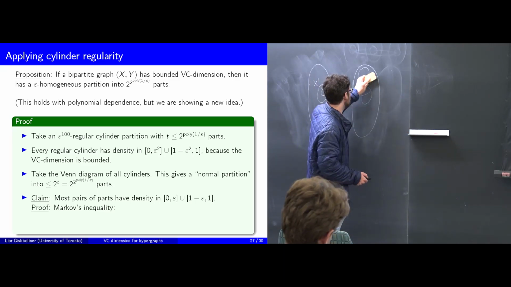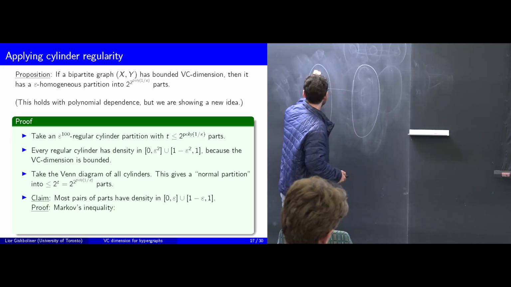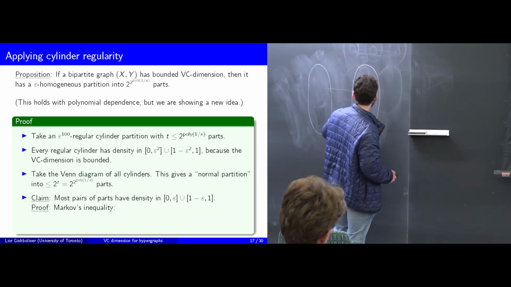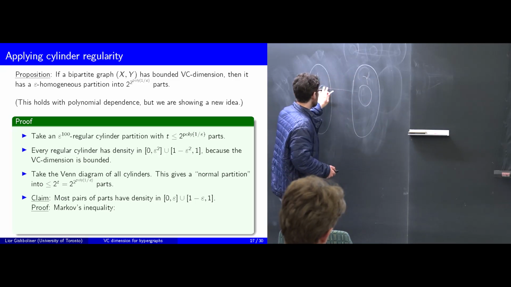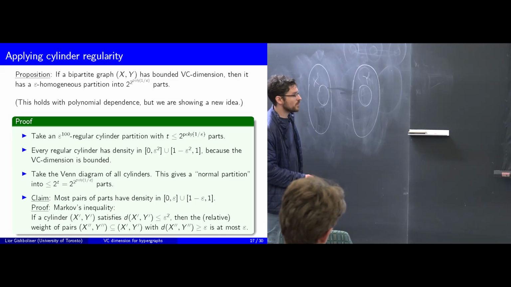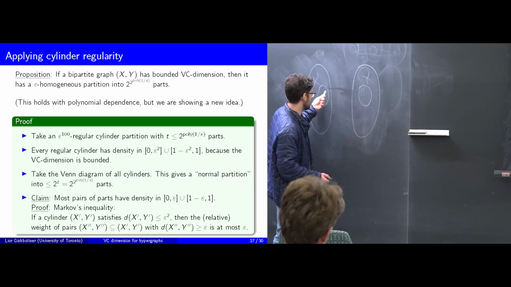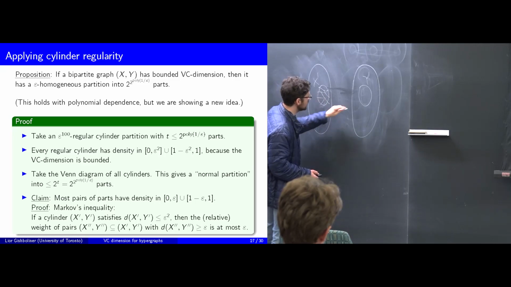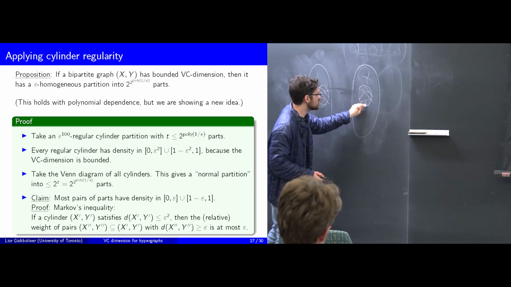So if I have y prime and x prime, and let's say that the density between x prime and y prime is at most epsilon squared, so it's very sparse, then what happens when I take the Venn diagram is that I actually partition x prime to many, many parts, and y prime to many, many parts.